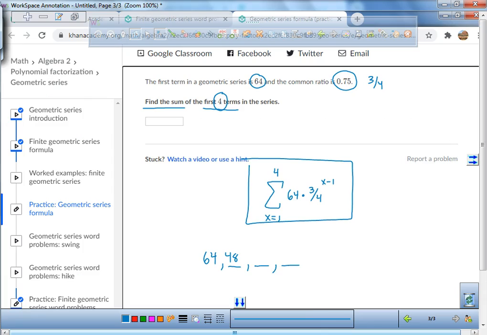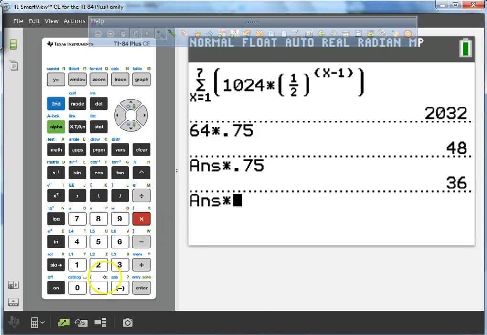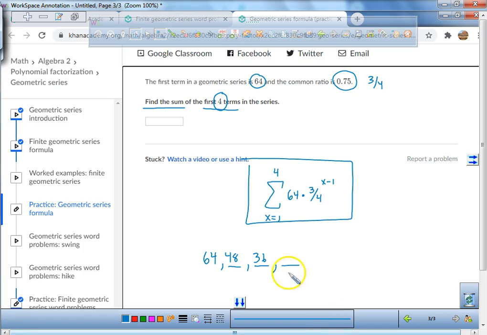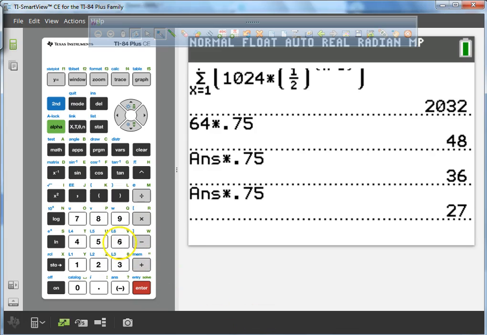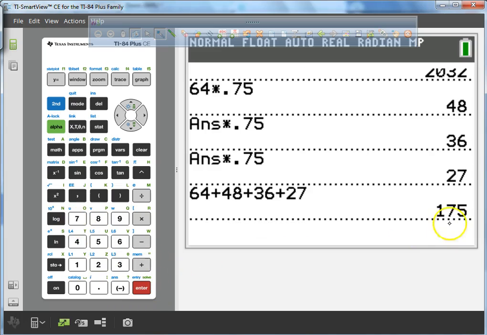And so you could write a 36. And then one more time, you multiply that by 0.75, and you get 27. And you write a 27. But then what do you have to do? You have to do 64 plus 48 plus 36 plus 27, and that would give you the summation of the first 4 terms, which is 175.